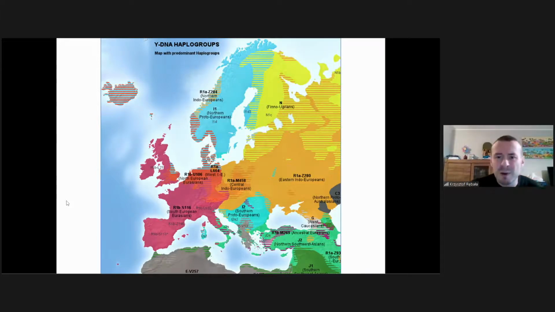And I don't know if you know, but some people argue about the nationality of Copernicus, whether he was Polish or German. Now please take a look at this map. You can see that R1b is found at much higher frequency in Germany than in Poland, where haplogroup R1a is the most common haplogroup.